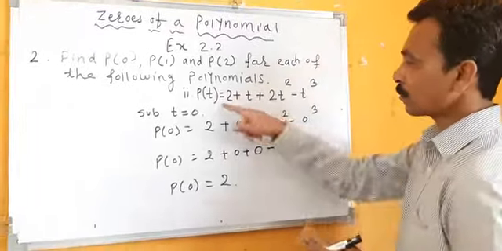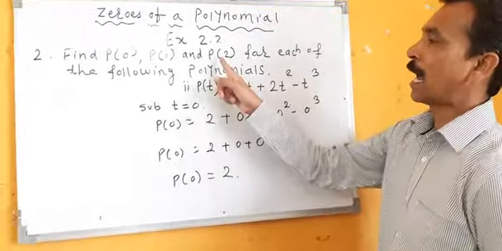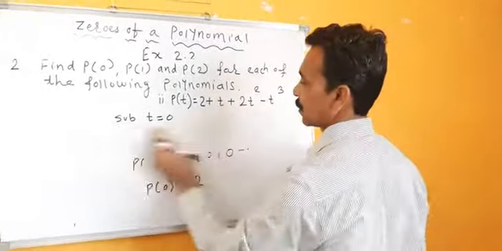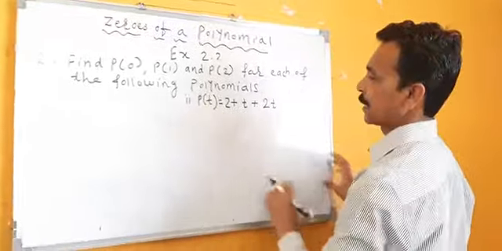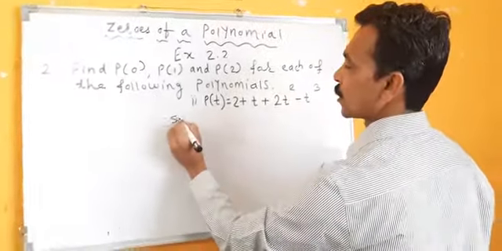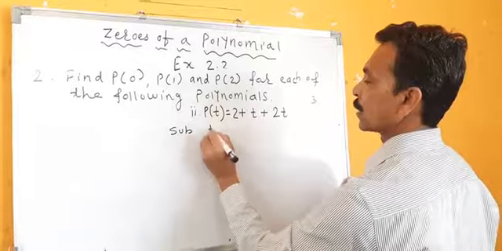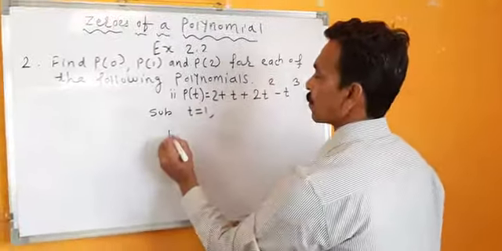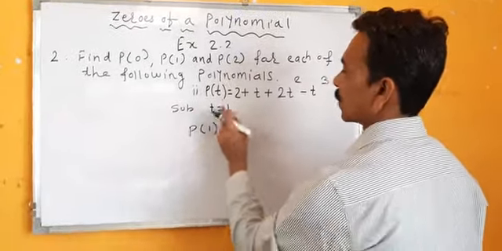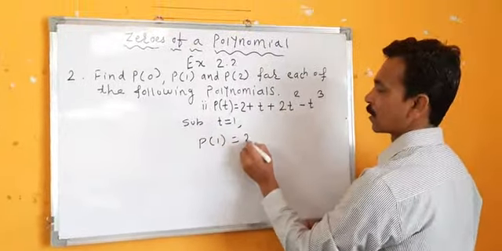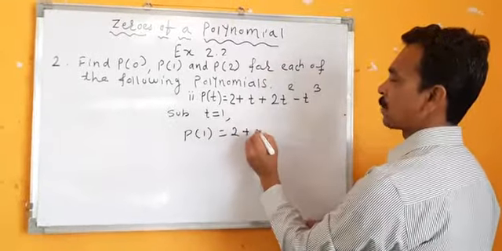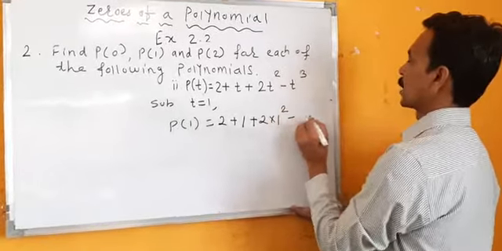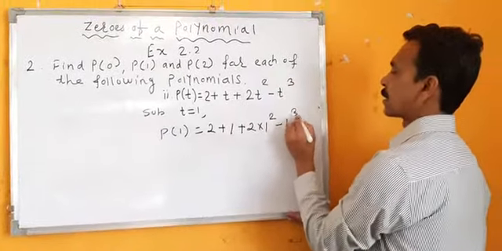Right? Now I'll place the value of t as 1. I'll rub this out and write here. Substitute t is equal to 1. Because the value of t is 1, it becomes P of 1: 2 plus t, meaning 1, plus 2t square, meaning 2 into 1 square, minus t cube, meaning 1 cube.